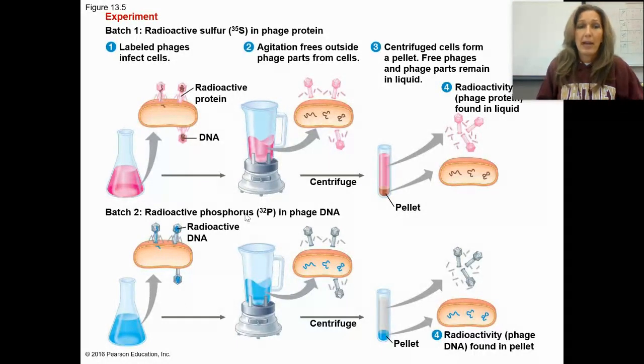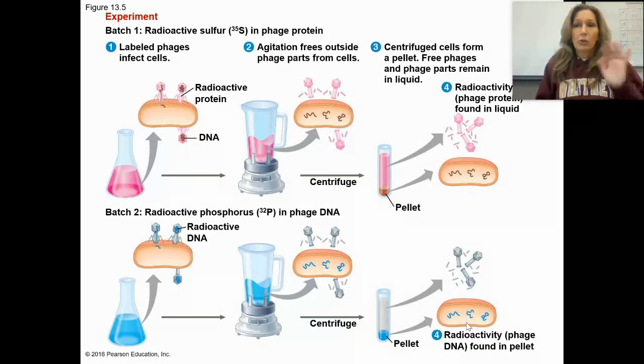Then they had another batch where they now radioactively tagged the bacteriophage with phosphorus. Now remember, phosphorus is a part of DNA, but not a part of proteins. So this radioactively tagged phosphorus is actually what was found then inside the transformed cell. And so it was the radioactive phosphorus that proved that DNA was the transforming agent.